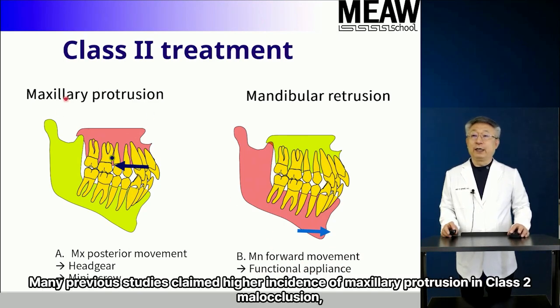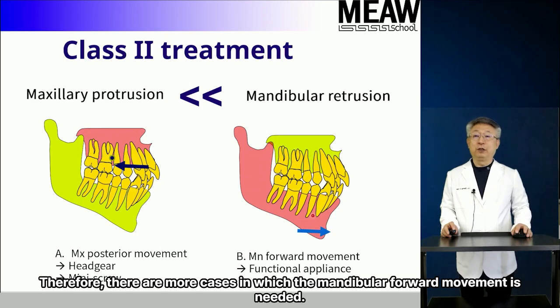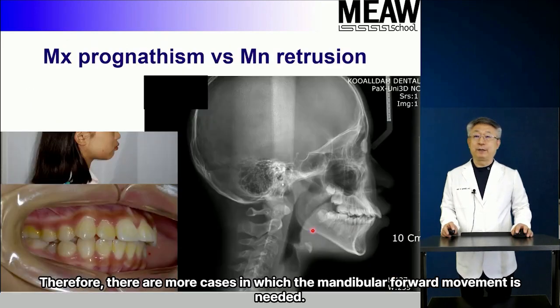Many previous studies claimed higher incidence of maxillary protrusion in Class 2 malocclusion. But recent studies report that there are much more cases of mandibular retrusion. Therefore, there are more cases in which the mandibular forward movement is needed.